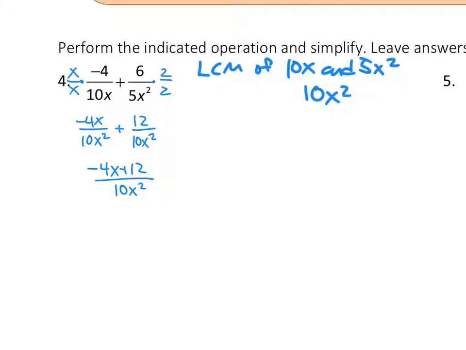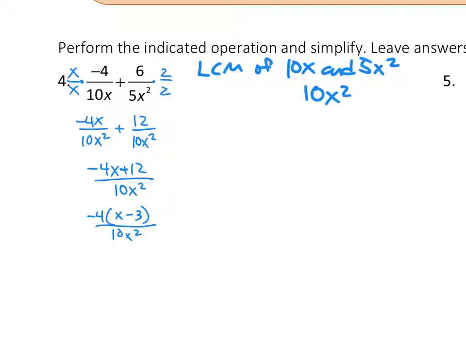And then we always want to fully factor, combine like terms if you can, and then you fully factor the expression to see if anything can cancel out. So on the top, we do have a GCF. I could factor out -4 or 4. I'm going to factor out -4 because it's always a good idea to factor out a negative if your leading term is negative. And we would get x minus 3. And on the bottom, we have 10x squared still.